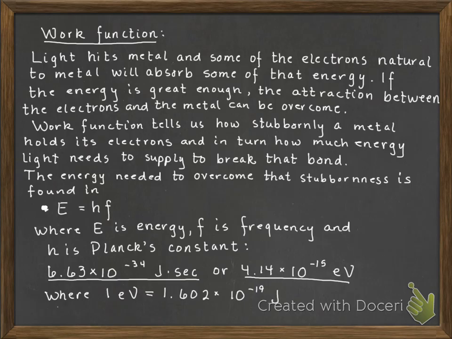It's 6.63 times 10 to the negative 34th if we're dealing in joules times seconds, or if we're given our information in electron volts, which is that eV right there, then we would use 4.14 times 10 to the negative 15th.